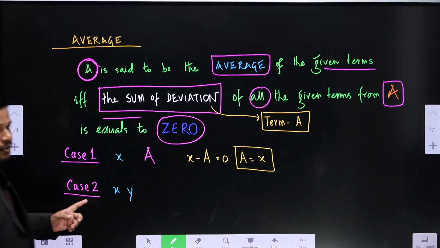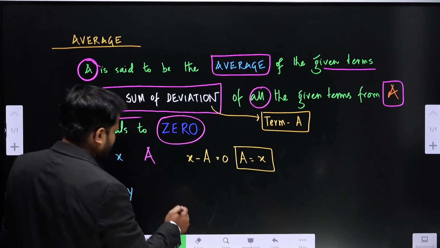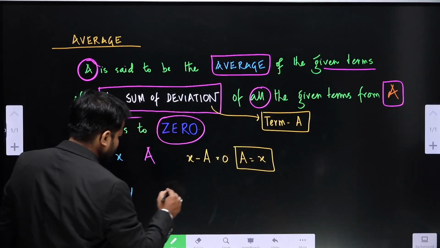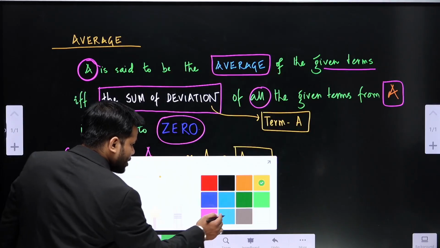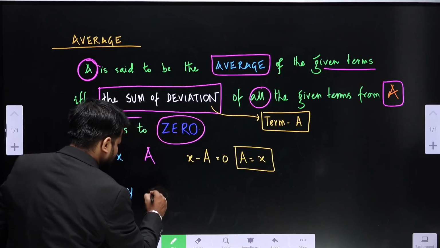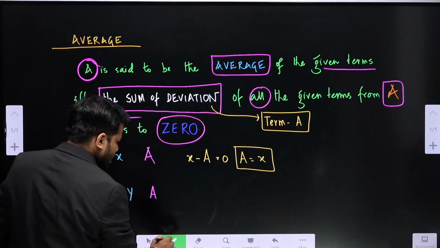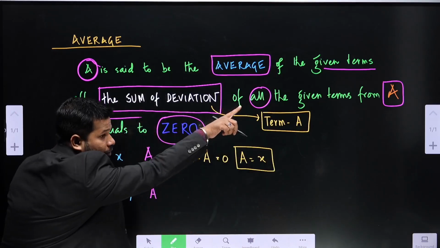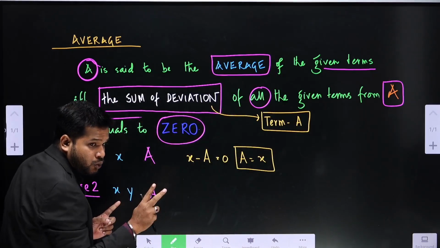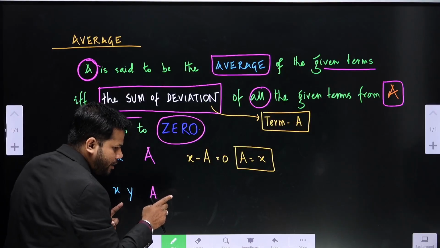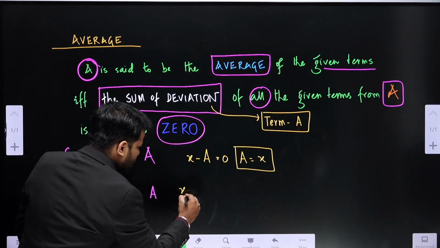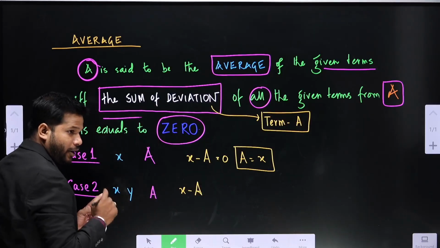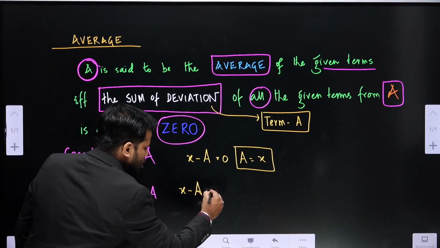If x and y are 2 terms, what do I need to do now? Sir, sum of the deviation. Then I have to declare one average. Now what is that average? That average is A. Now if I take the sum of the deviation of how many terms? Of all the given terms. How many terms are there? 2 terms. 2 terms' deviation from A. So can I say this would be x minus A? That means I am doing the first deviation. Now I will do the second deviation also and its sum.